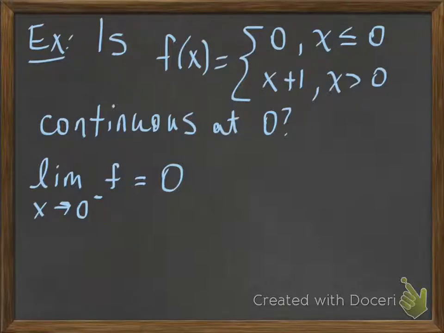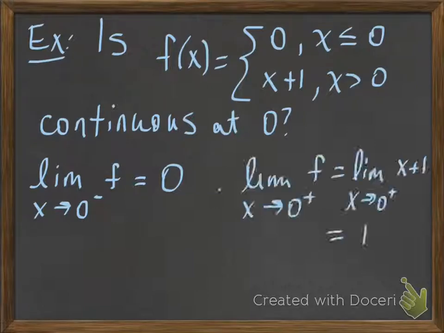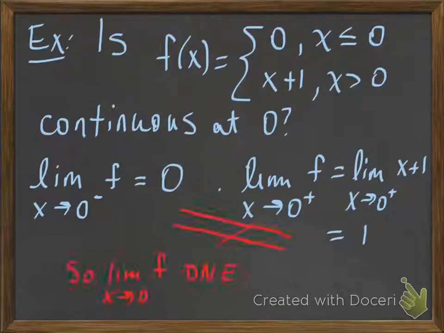So the limit as x goes to 0 from the left of f is equal to 0. Whereas for the limit as x goes to 0 from the right of f, I use the second piece, so that's the limit as x goes to 0 from the right of x plus 1, which is equal to 1. 0 is not equal to 1, so the limit as x goes to 0 does not exist because the right-handed and the left-handed limit are not equal.